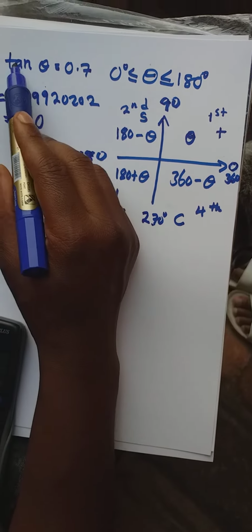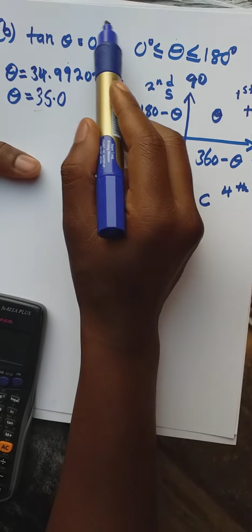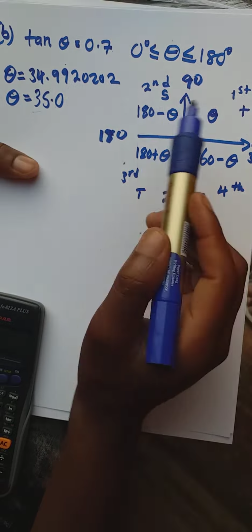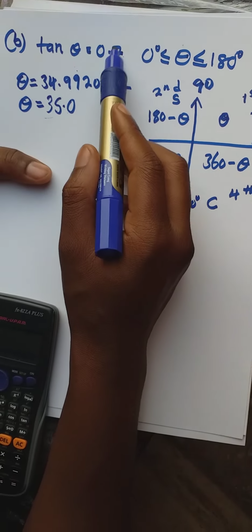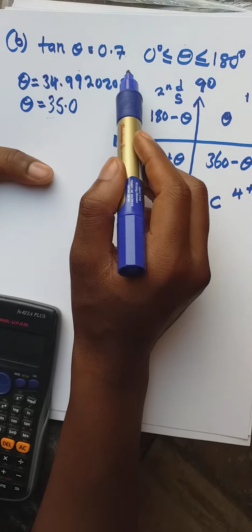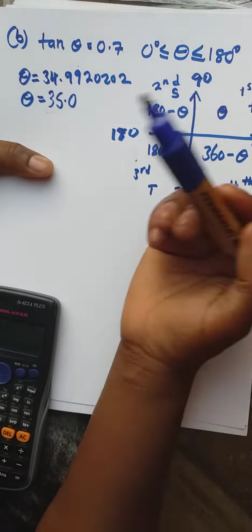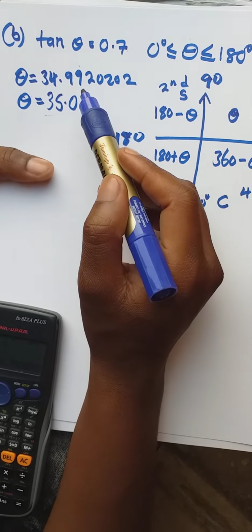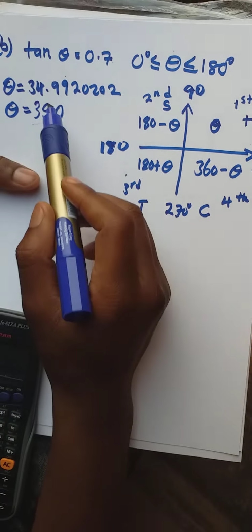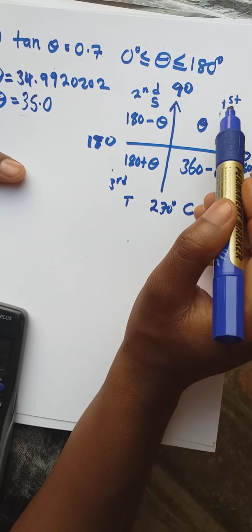Since this is tan, where is tan also positive? Since the ratio here is positive, if you press tan 35 on a calculator, you get 0.7, which is positive. Or it may be close, because the actual number for the angle is this one, but we have rounded off, but very close. So the other angle, how you get it, you check in the quadrants. In the first quadrant all the angles are positive.